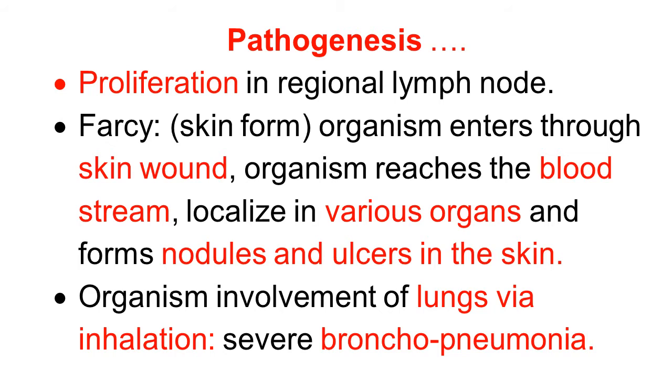Then the organism reaches the bloodstream and may localize in various organs and form nodules and ulcers in the skin. The organism also involves the lung via inhalation and may produce a severe bronchopneumonia. So there are many routes of entry of this organism: through ingestion, inhalation, skin wound, and mucous membrane.